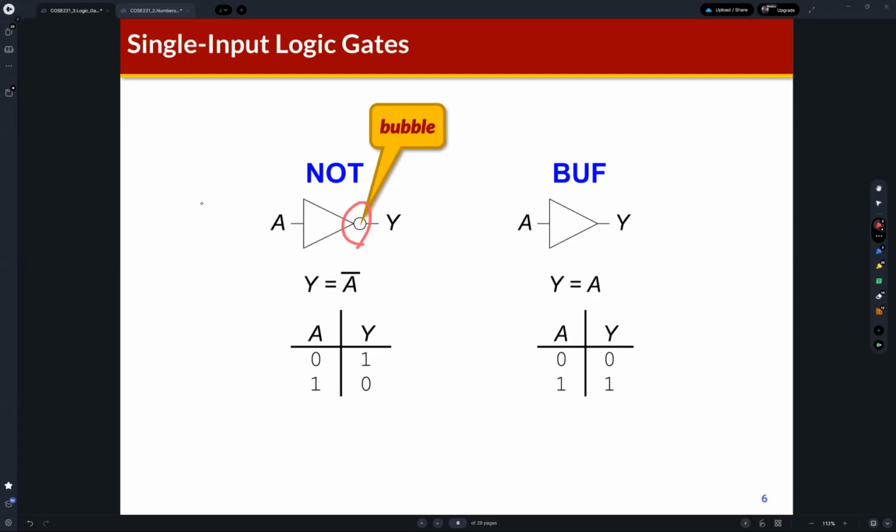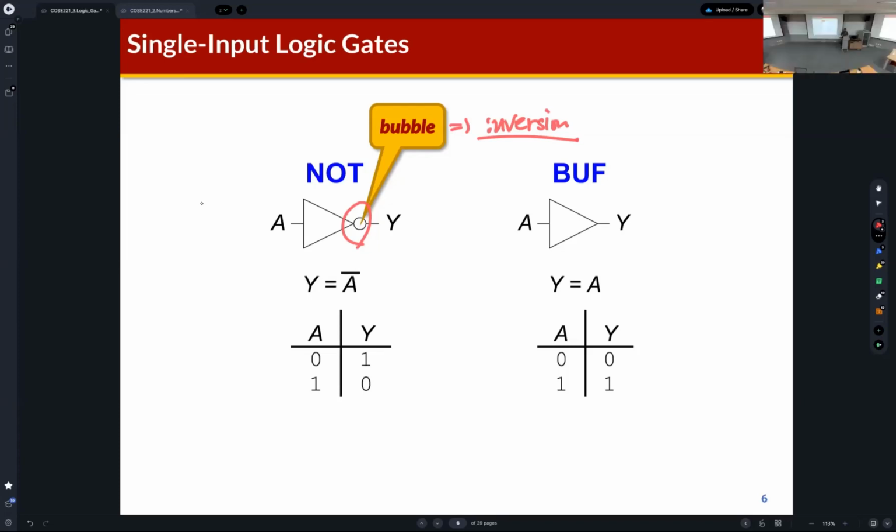In logic design, this small circle is called a bubble, and a bubble represents inversion. We can find many bubbles in digital logic gates. Just memorize that if a bubble is added to a logic gate, it represents inversion.